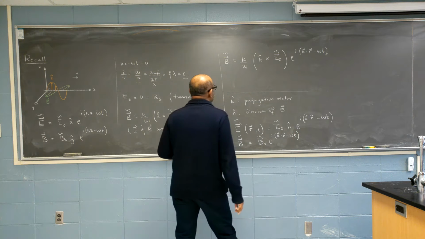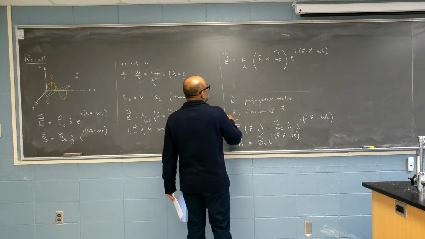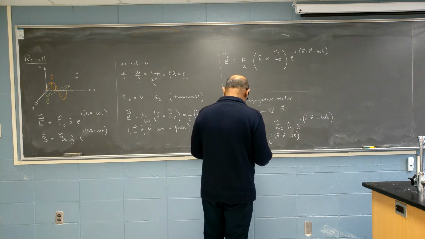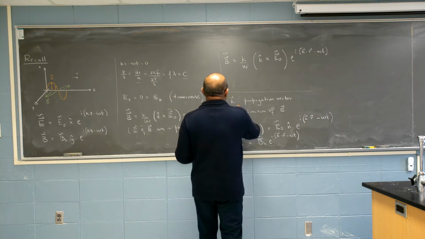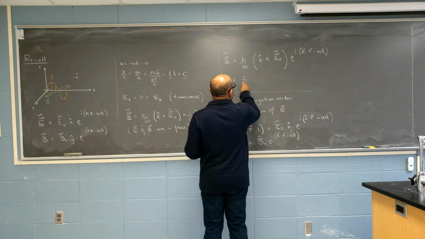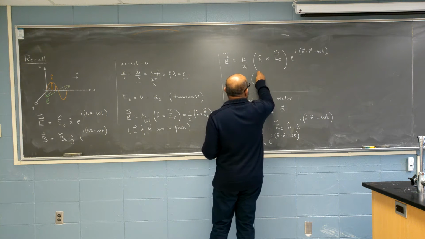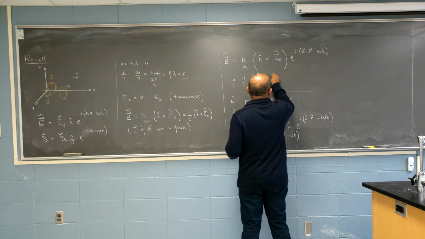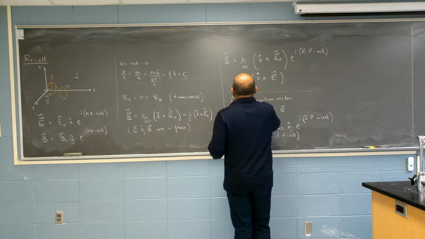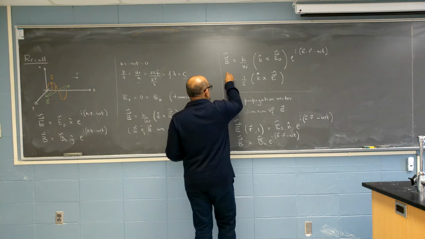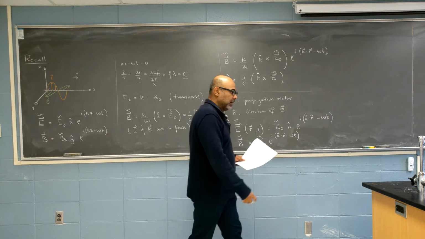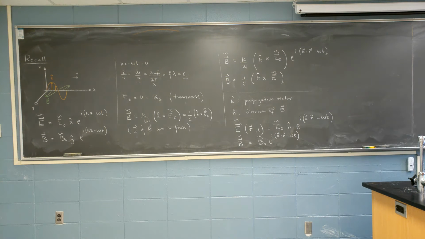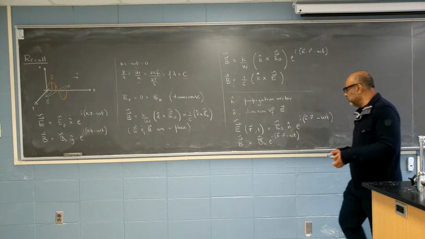I can simplify so many things. I think I'm going to choose the version that the book prefers, which is, again, 1 over c, k hat, cross. I can take these two in and write it as that. I know I have written this in a scattered way, so at least for your notes, let me bring attention to the final form.